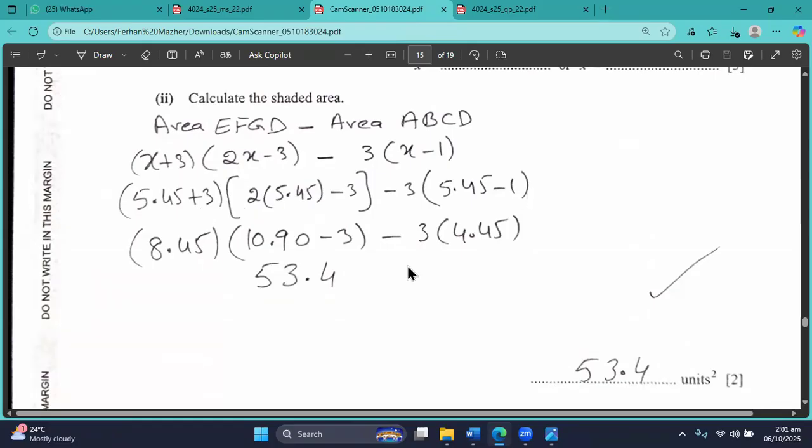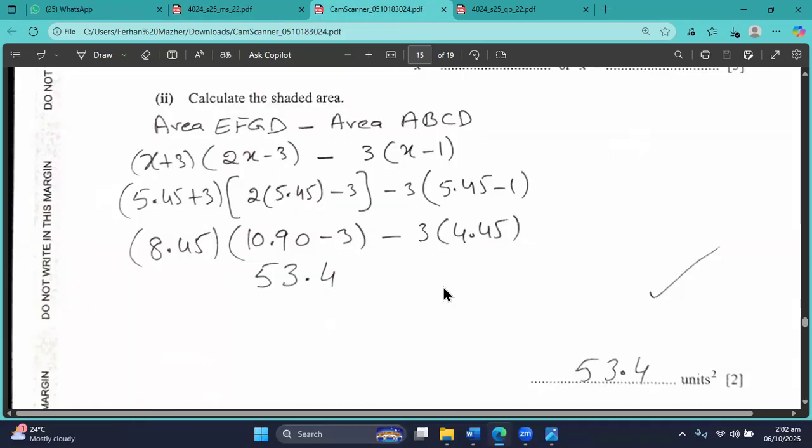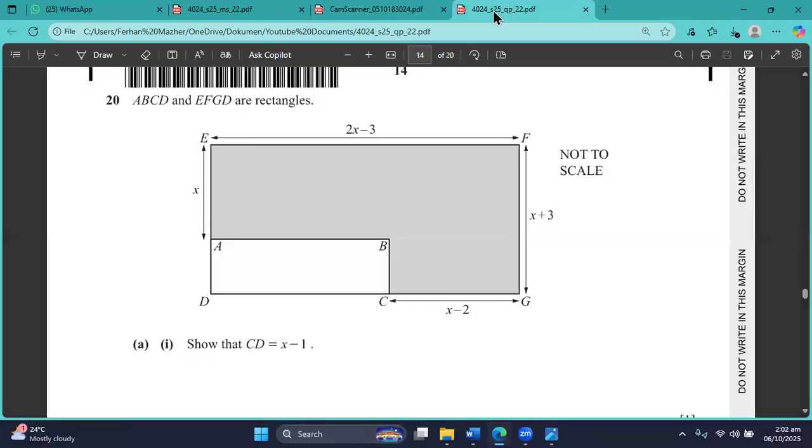I substituted that and did the calculation. My final answer will be 53.4. 53.4 is the right answer, sir. This is how you find the area of the shaded region. From the area of the big rectangle, subtract the area of the small rectangle, and you will get the shaded area. And this is that diagram, sir. So this is how you do that.